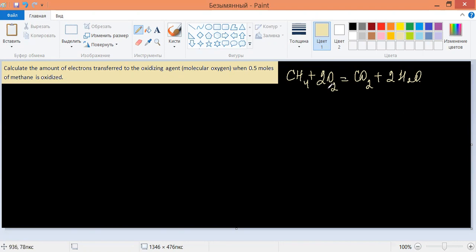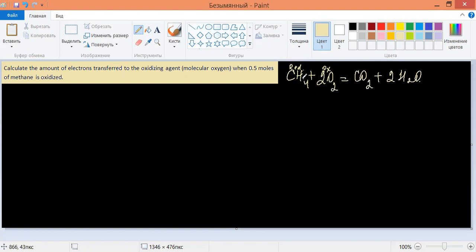Well, in order to answer the question, we should first of all write the electronic balance half reactions. Now we understand this is the oxidizing agent and this is the reducing agent, right? And we understand that this molecule consists of two types of atoms, the carbon atom and the hydrogen atom. And first of all, let's identify the oxidation number of the central atom, which is the carbon atom.